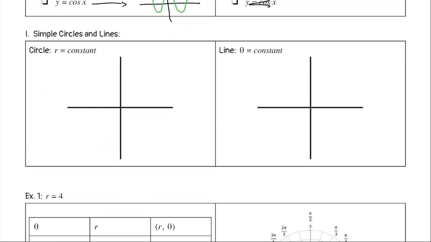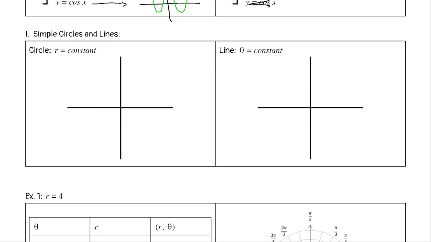We're going to start with some simple circles and lines. It turns out that if you graph r equals a constant, so r equals 3, like we saw in 8.3, or r equals 5, or r equals -2, anytime you graph r equals a number, you're going to get a circle.